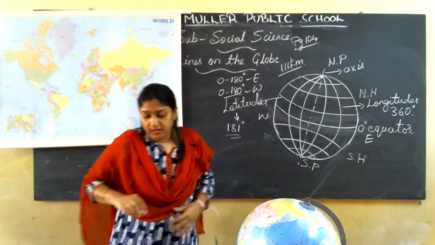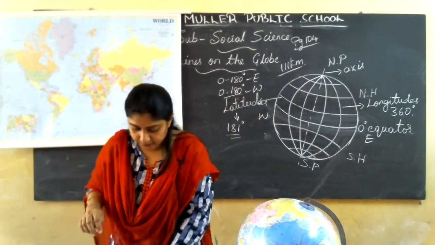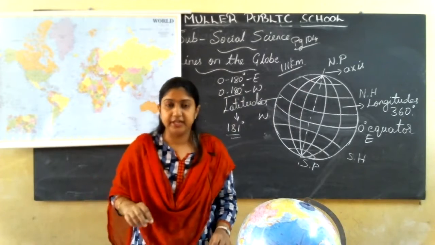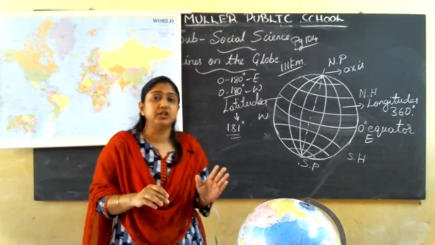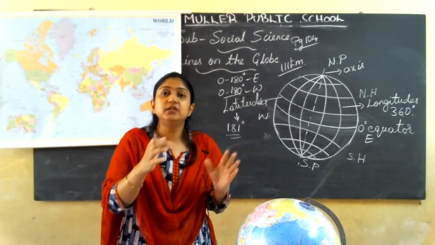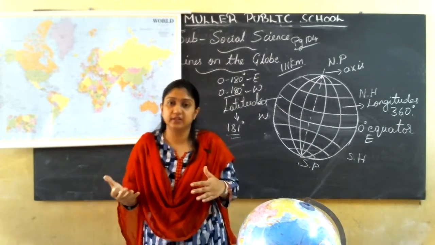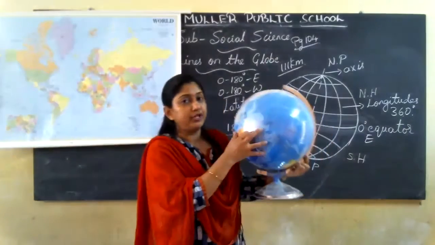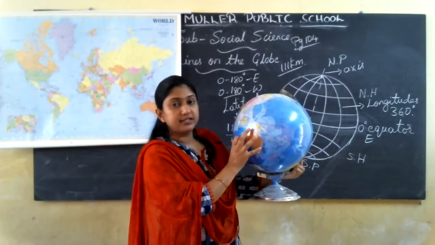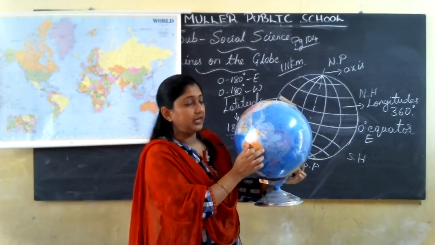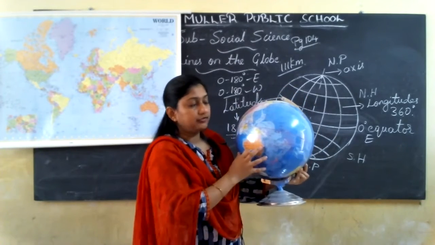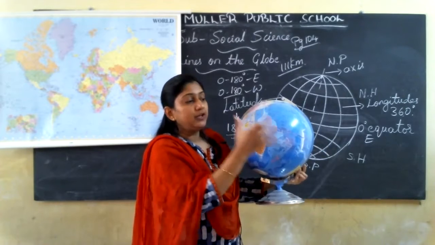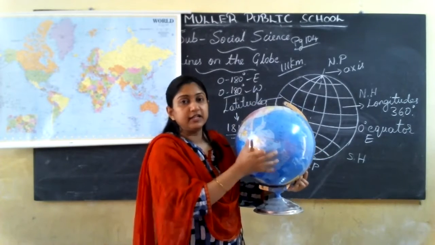Fine. And also the heat zones we had studied. You know that the rays that fall from the sun on the earth are unequally distributed. Since the earth is tilted at an angle of 23.5 degrees, the different parts of the earth receive unequal sun rays or sunlight.